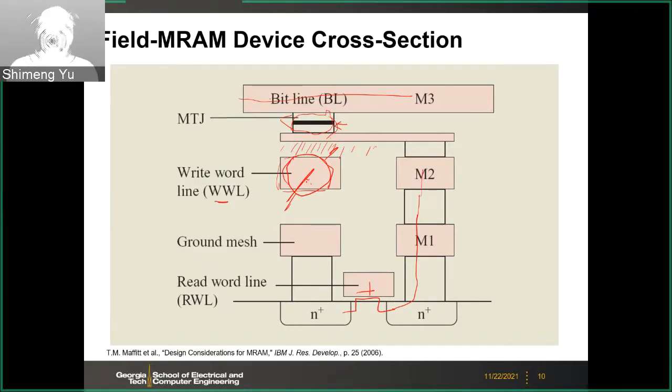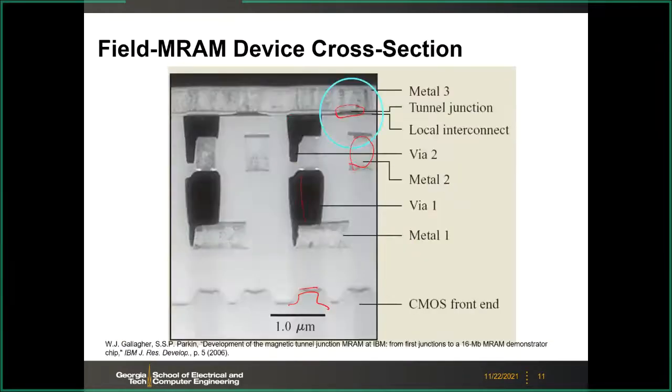And then you have the bit line. For the write operation, this is like a cross-point array. The only trick here is that this is isolation here. So this write wire line does not directly interface with the memory cell. Then how would it switch? Then the trick is the field switching.